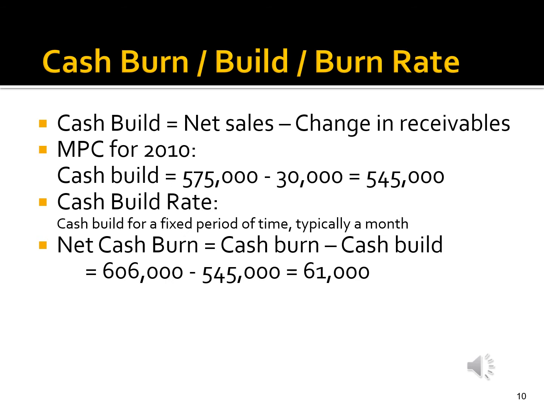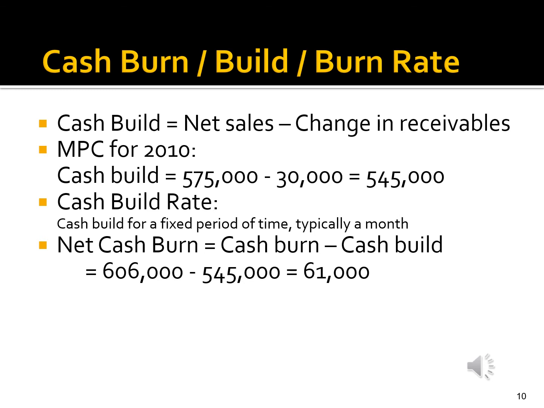So the equation for cash build is net sales minus change in receivable. The sales received by the business minus all the debt that they give to their customers, so that is the cash they are able to build in hand.